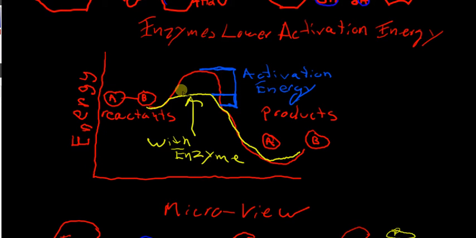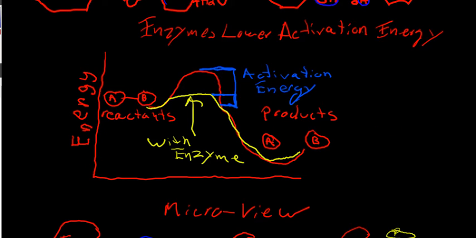So this red line would represent the energy throughout a reaction without an enzyme, and the yellow line will represent the amount of energy at any time in a reaction with an enzyme. You can see how the activation energy is much less with an enzyme.